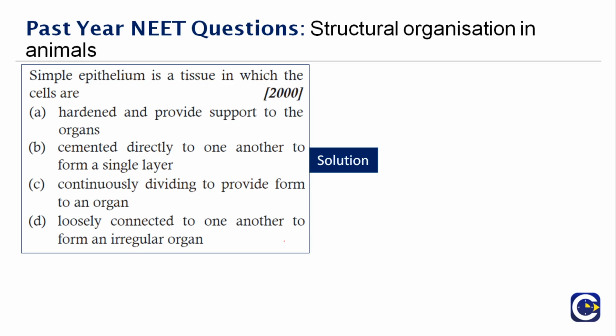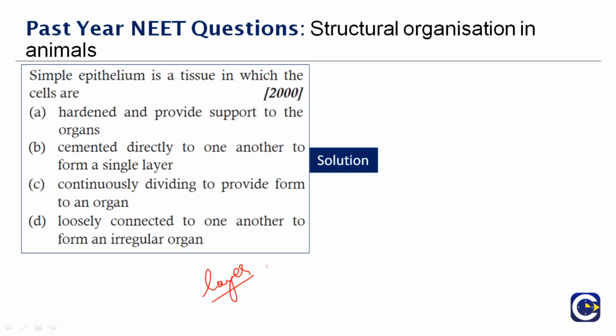Simple epithelium will have a simple action. It will be cemented directly to one another to form a single layer. Its basic function is to form a layer, which is a very simple function, because it is not very tedious. It just has to form a single layer, and that single layer will be formed only when there is cooperation, binding and connection, and the cells are cemented to one another.